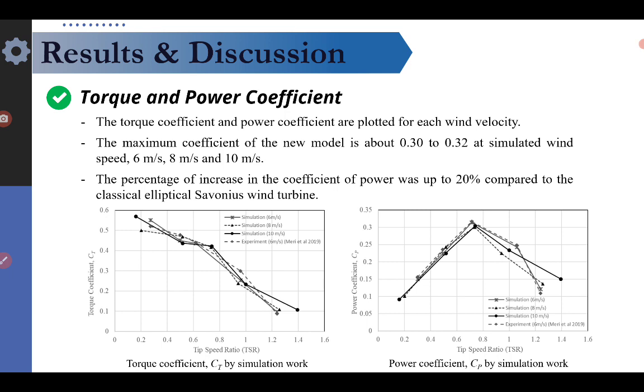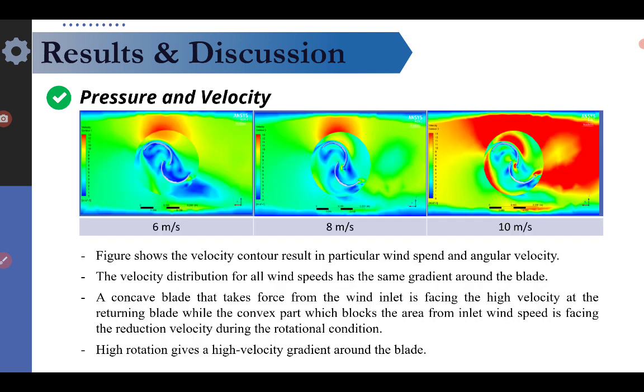Here we plot the torque and power coefficient of the wind turbine, and we saw an increase in the coefficient of power of up to 20% compared to the classical elliptical Savonius wind turbine that we obtained from the literature.